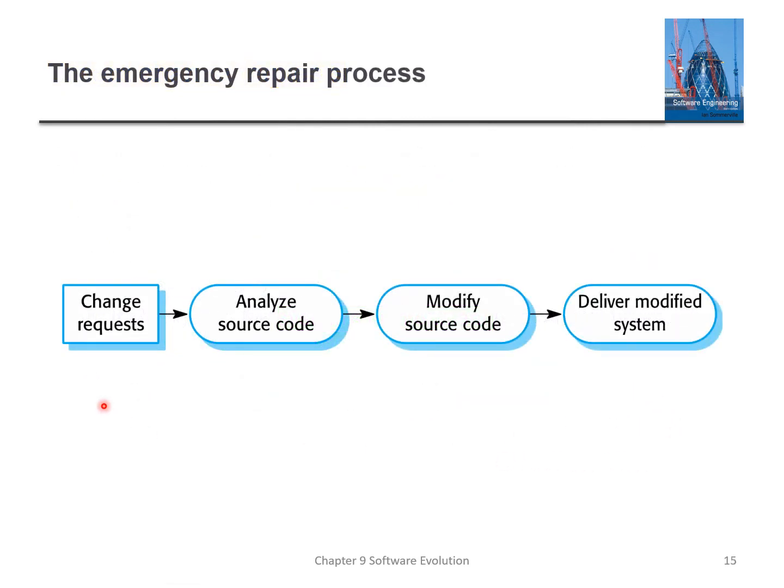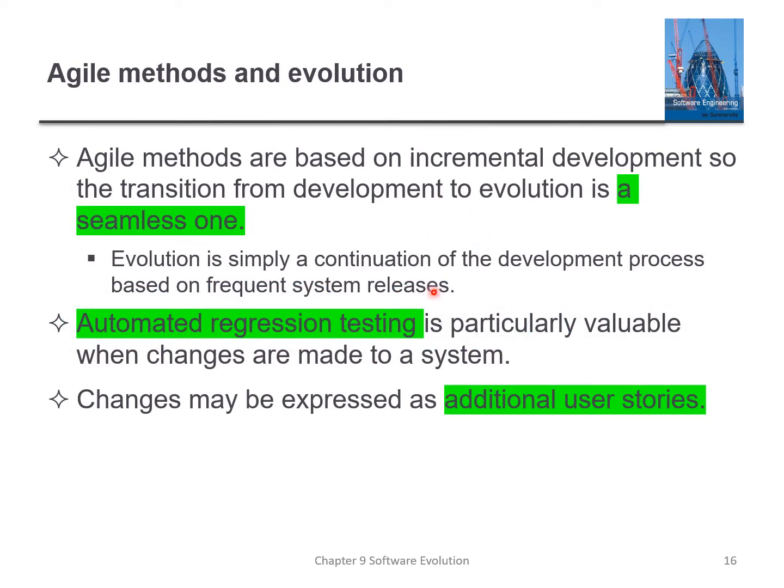If this happens, the code is not analyzed at all, or sometimes it is done in a very minimal amount of time, because this urgently needs to be done, so the focus is more on delivering the new changes.